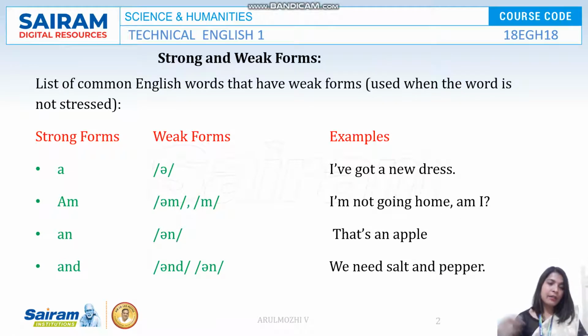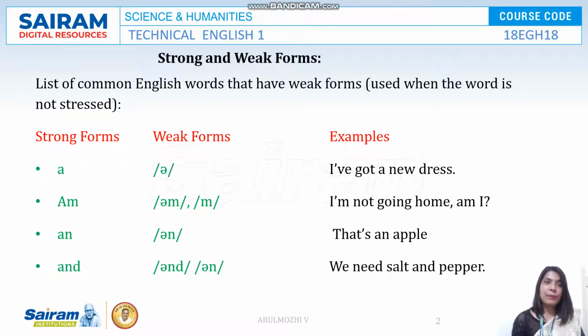When do we use the strong forms and when do we use the weak forms? Whenever we want to stress a particular thing, whenever we give importance to that word in a particular sentence, at that time we use the strong form.